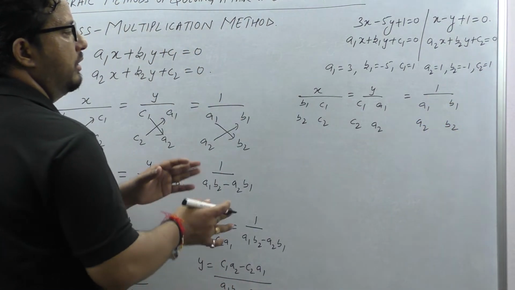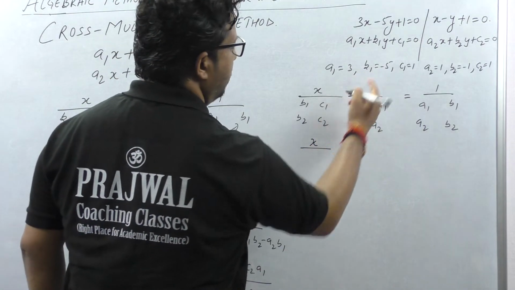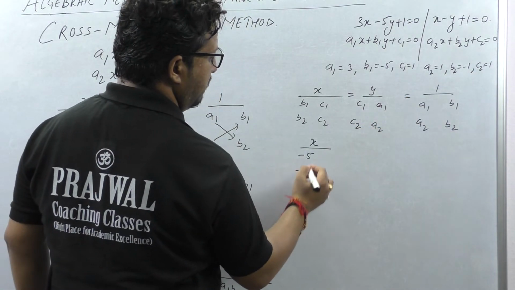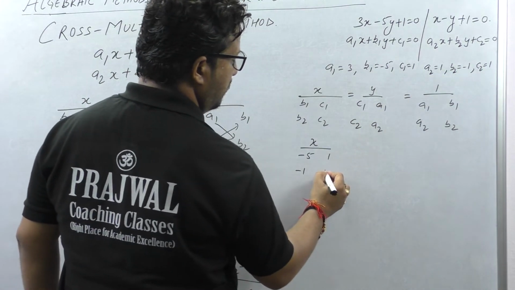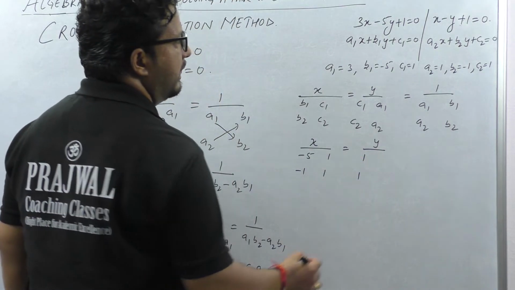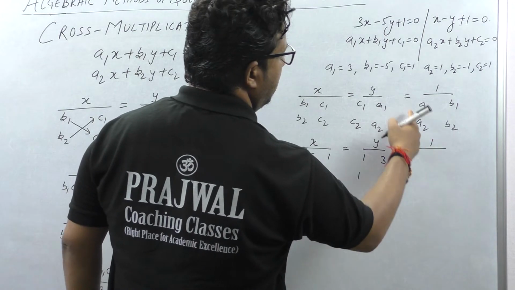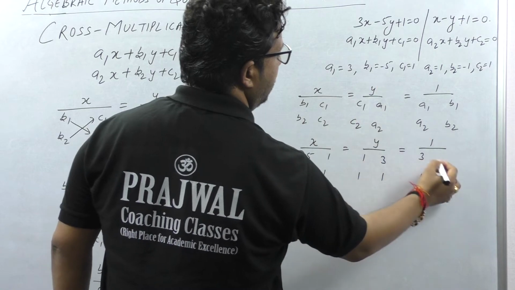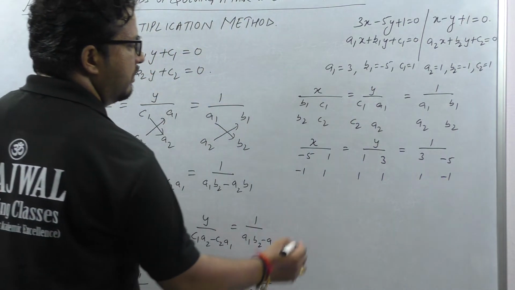Now here we don't put the variables, we directly write the values. b1 value is minus 5. b2 value is minus 1. c1 value is 1. c2 value is 1. So again c1 is 1 1, a1 a2, a1 is 3 and a2 is 1. And here a1 value is 3, a2 value is 1, b1 value is minus 5, and b2 value is minus 1.